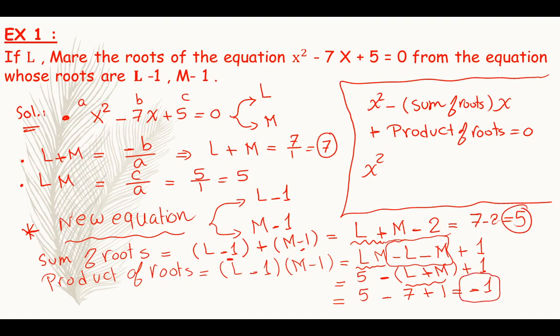So it will be x power of 2 minus the sum of roots, 5, multiplied by x, plus the product of the two roots, negative 1, equals 0. Okay, so this is the new equation, x power of 2 minus 5x minus 1. This is the required equation.